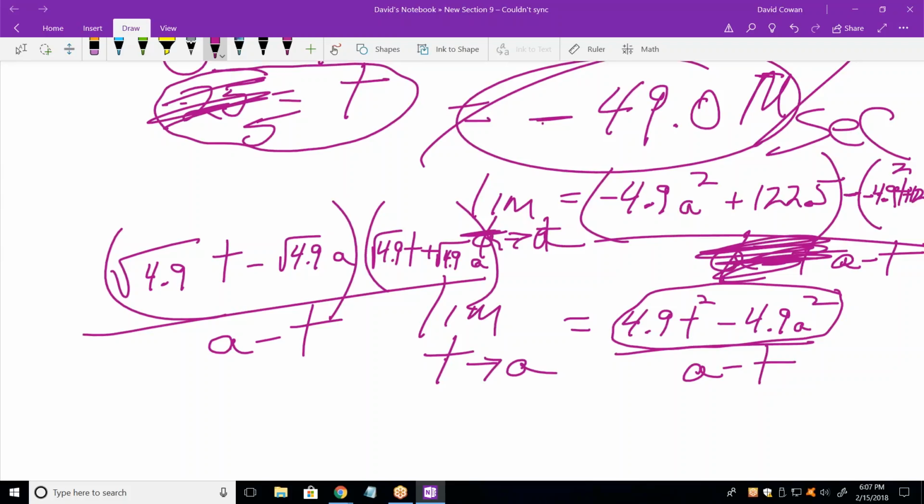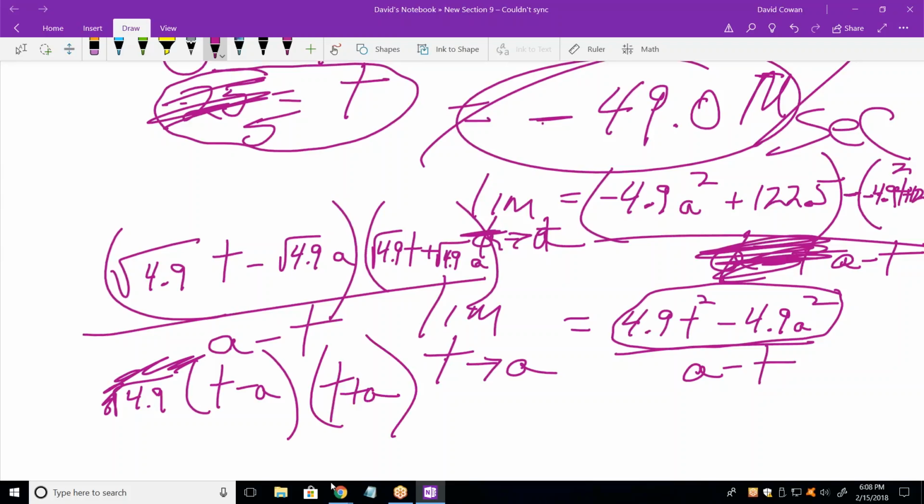Well, I can factor out a square root of 4.9. So I get the square root of 4.9 times t minus a, times, I can factor out a square root of 4.9 there, which makes that whole thing that times t plus a, all over a minus t.